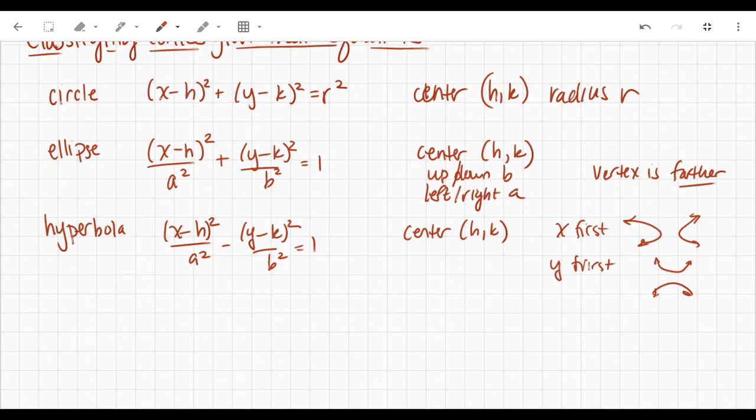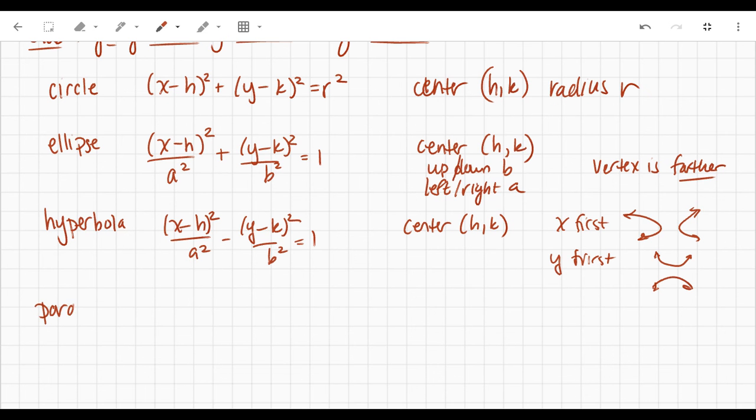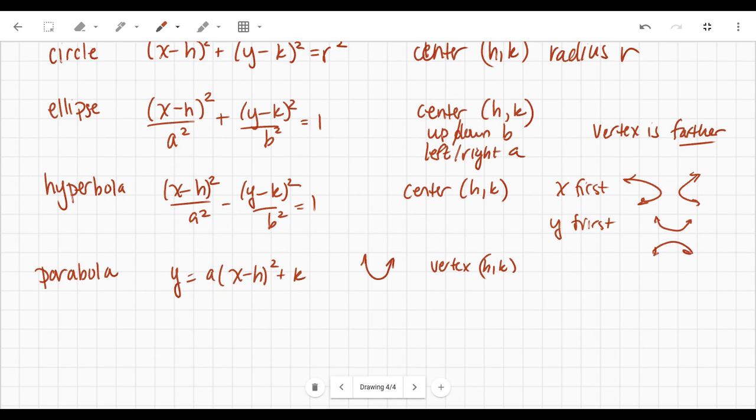Then we have a parabola, which would be y equals a times x minus h squared plus k. Those are the ones that open up or down. If a were negative, we'd open down. Or x equals a times y minus k squared plus h. Those are the ones that would open left and right. So if a is less than 0, it opens the other way.